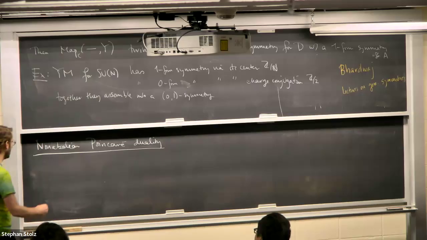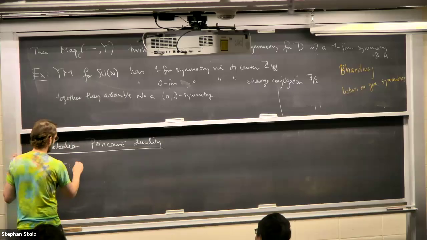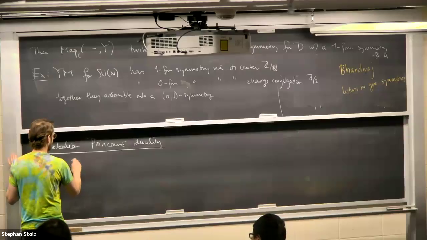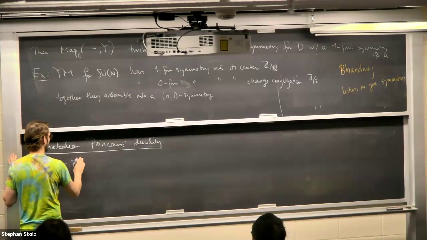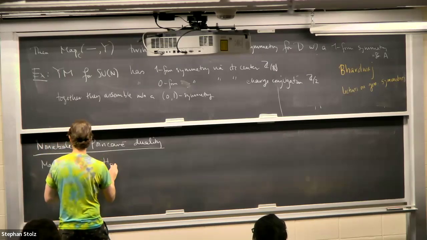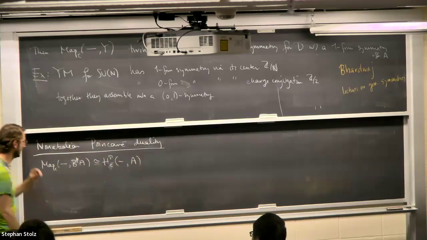So we've been thinking about compactly supported maps into it's P plus P of A. We're thinking about this as some version of compactly supported cohomology with modular coefficients.